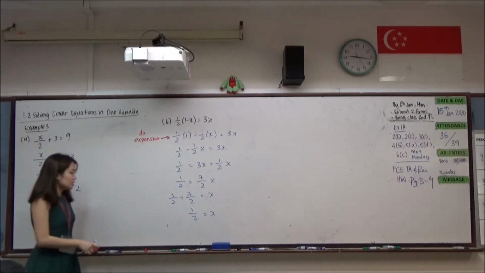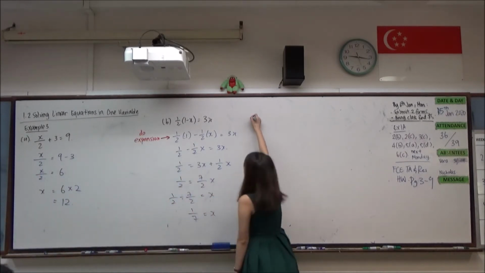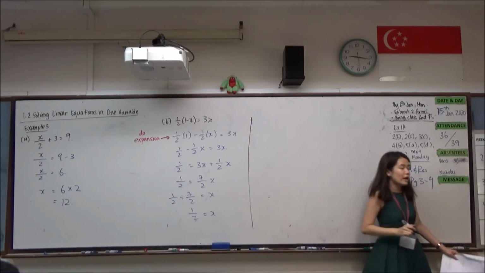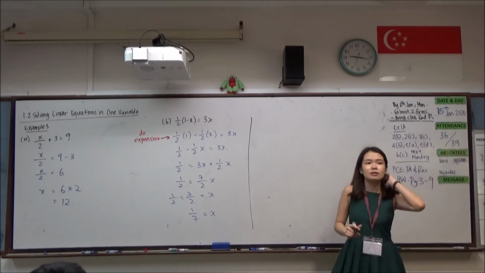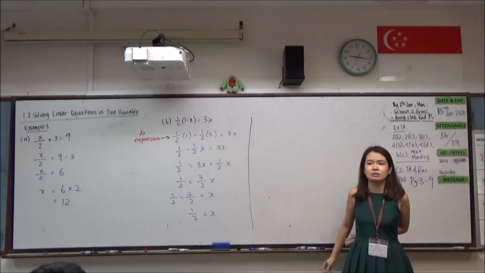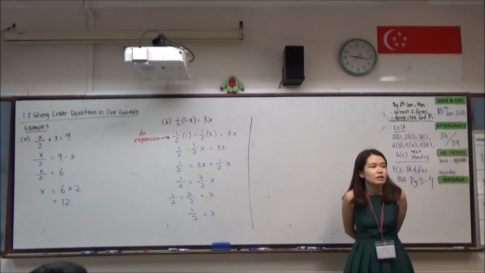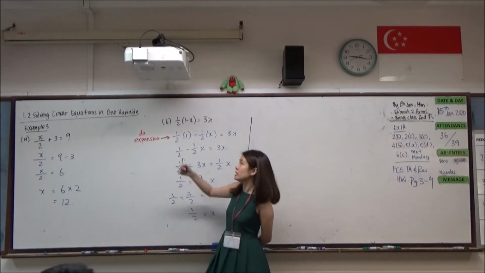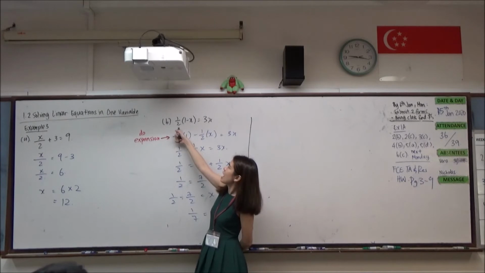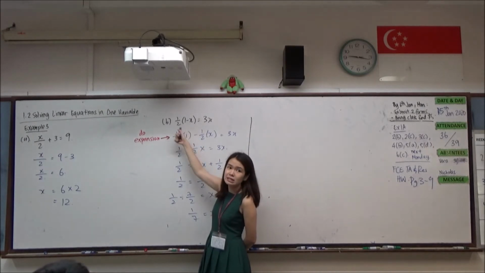Would anybody have other suggestions on what you would have done? Any ideas? Instead of doing expansion. Let me read this out for you. This is half brackets, right? Brackets means that it's times.